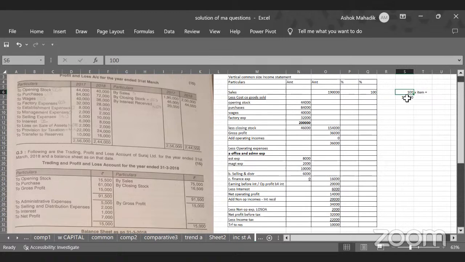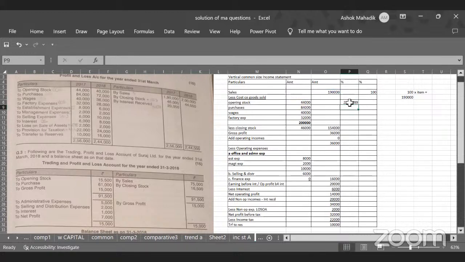Then press into. You want to calculate the percentage of 44,000, so enter 44,000 and press equal. Let me do it. 100 divided by net sales into 44,000.